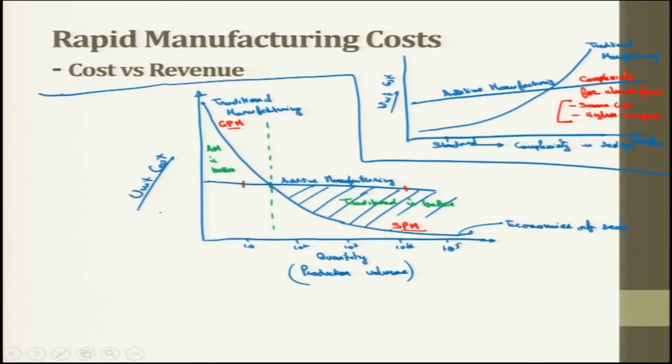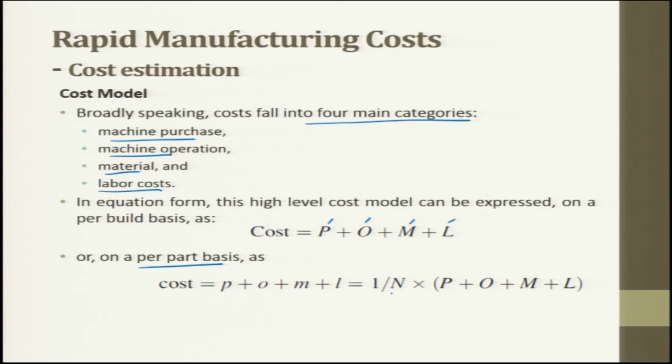This is per unit cost, calculated by dividing the total cost by the number of parts n. So, this P is P by n, this is O by n, these capital case letters are divided by the number of parts, and this is L by n.